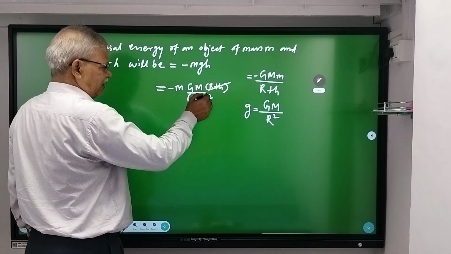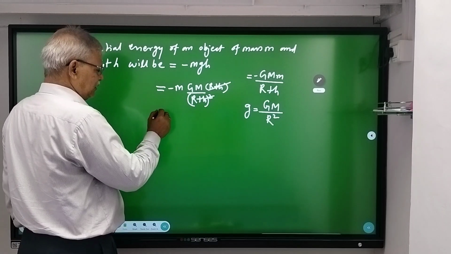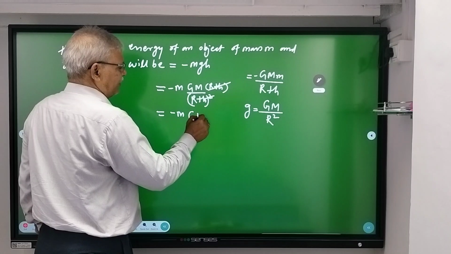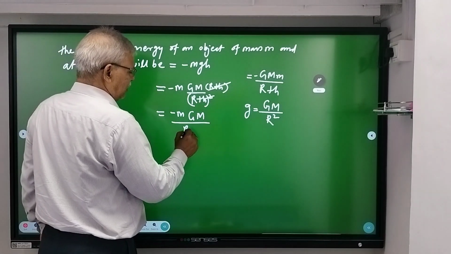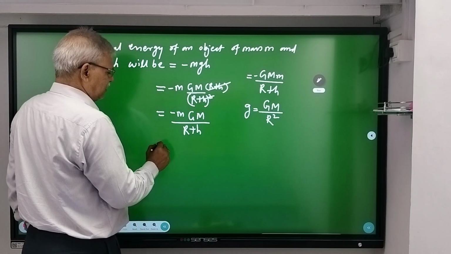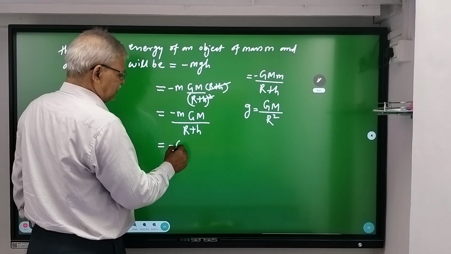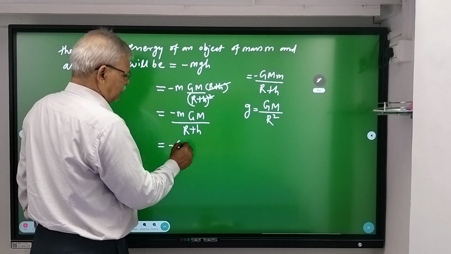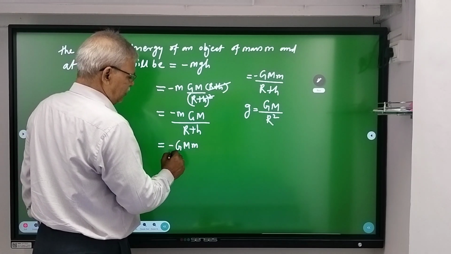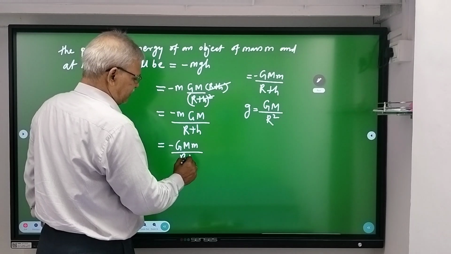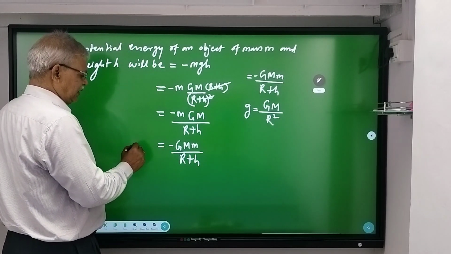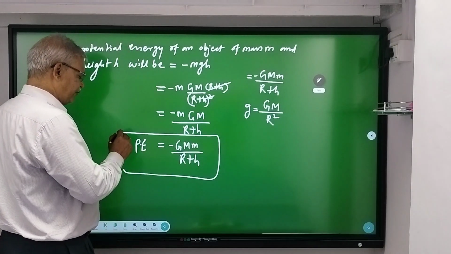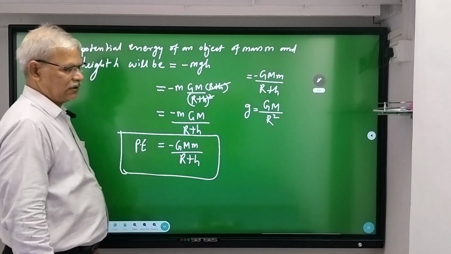Therefore, this r plus h will cancel, it's one power, it will become m G capital M upon r plus h. Therefore, this will be minus G capital M into small m upon r plus h. This is given potential energy at height h from the surface of earth in your textbook.